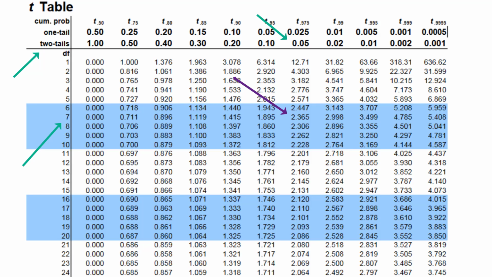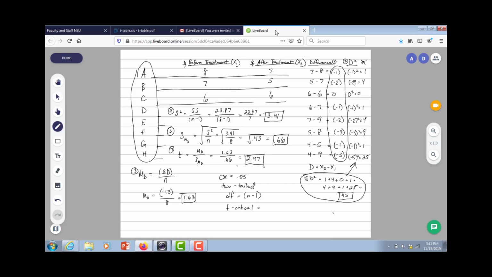So now that we have that information, let's go back to our whiteboard. Plus or minus 2.365 is our t critical. If we were to set up a little visual aid and say, all right, this is plus 2.365 on the high end, this is minus 2.365 on the low end. And if we were to apply this 2.47 to this curve as if it was a number line, we would find that 2.47 comes after positive 2.365.